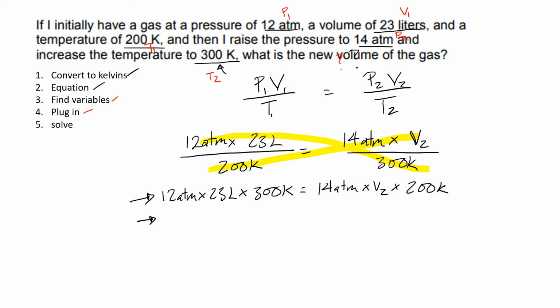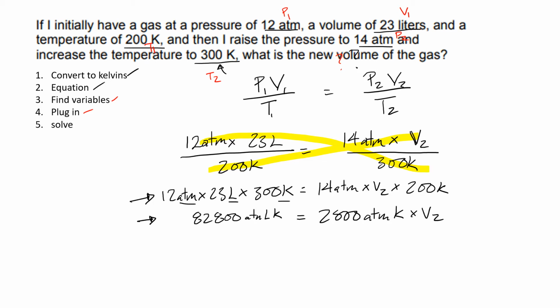If I simplify on this side, I'm just going to do 12 times 23 times 300, and I get 82800 atm L K, these are the units, they're still there, right? This is going to be equal to 14 times 200, which is 2,800 atm K times V2.